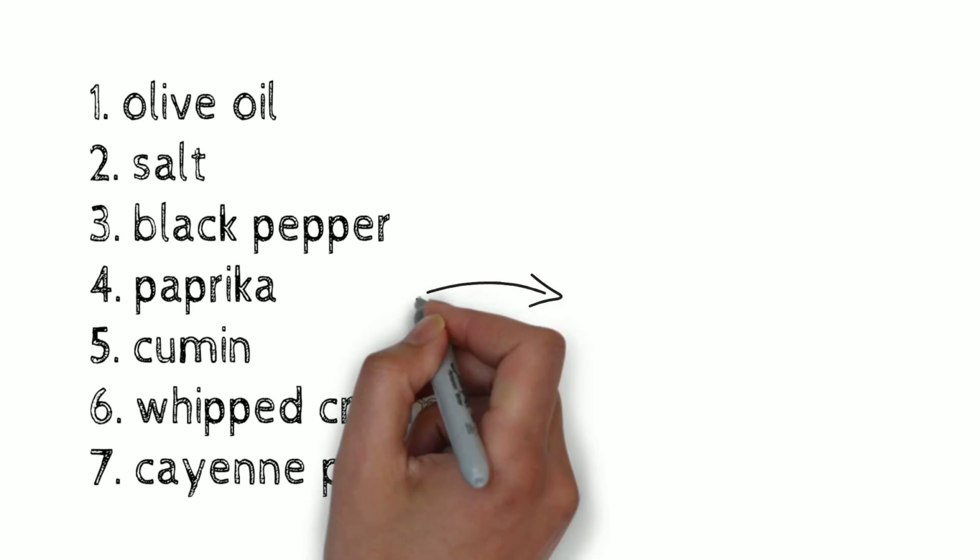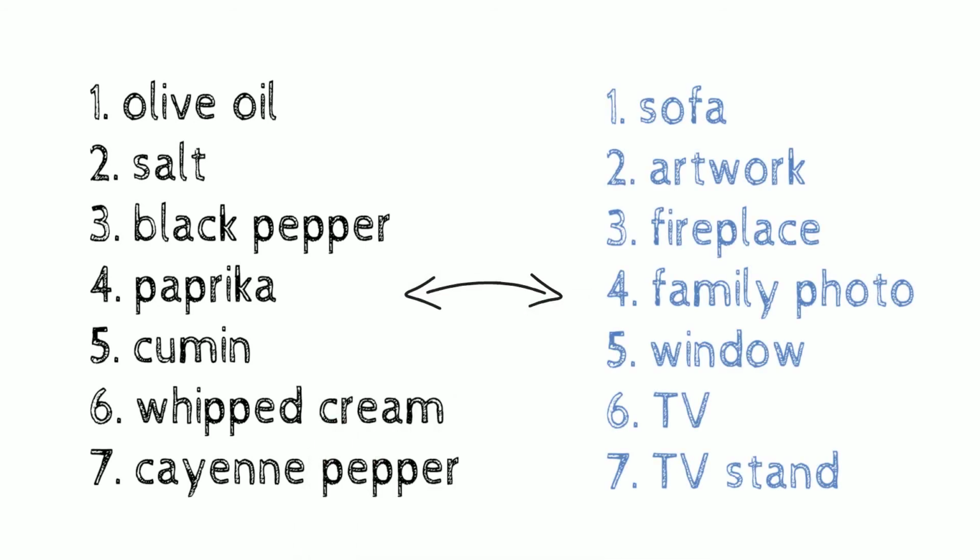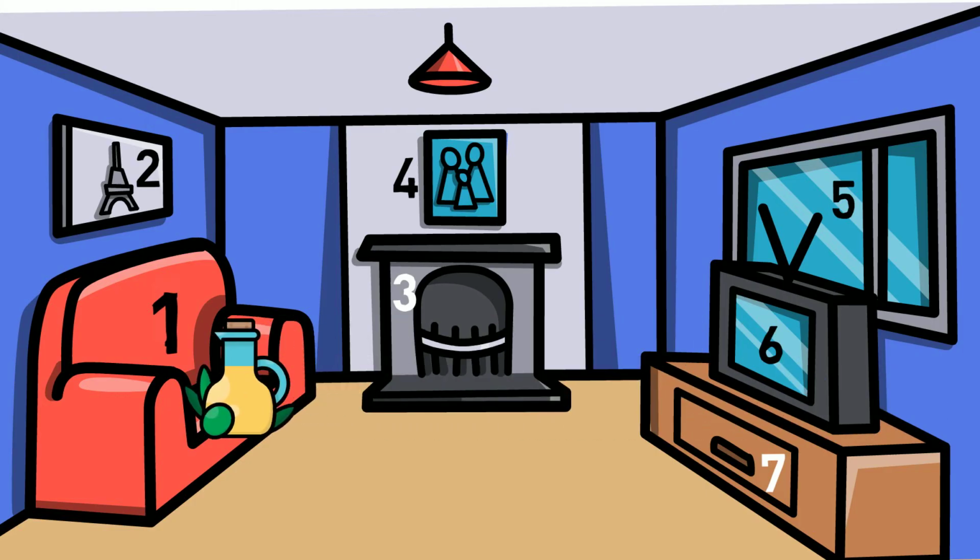We'll use the 7 locations inside the living room as pegs to store or hang these 7 ingredients in our minds. Our job is to mentally walk inside this living room and pick each ingredient from each location. Let's see how this works. Starting from the left, the first location is the sofa, and the first ingredient of the chicken marinade is olive oil.